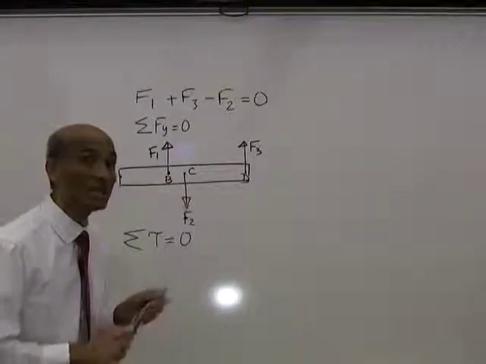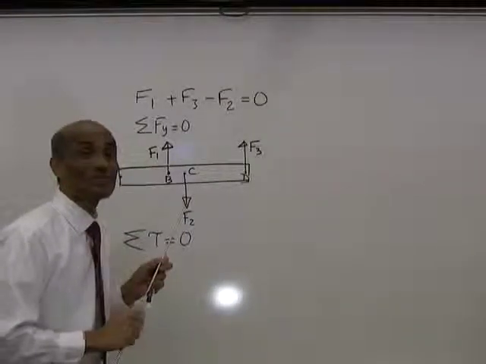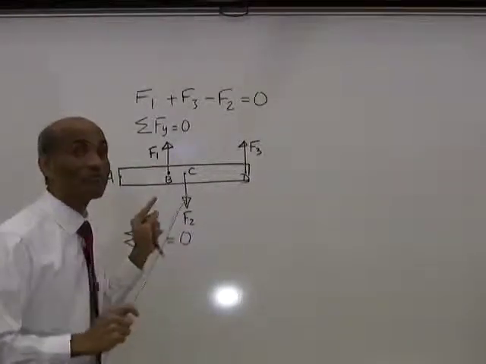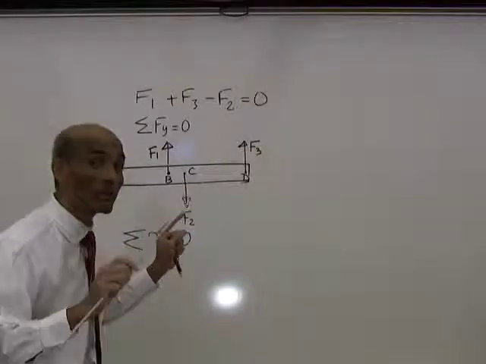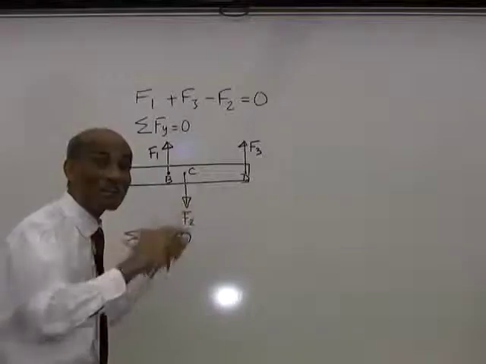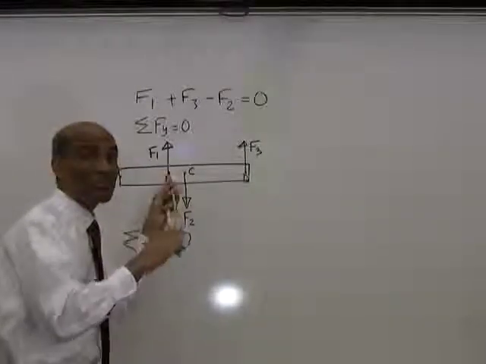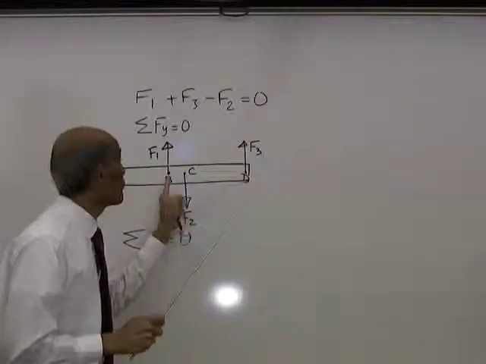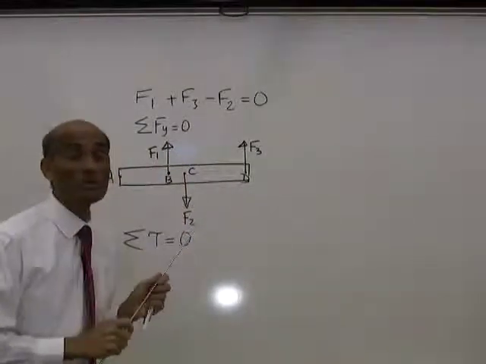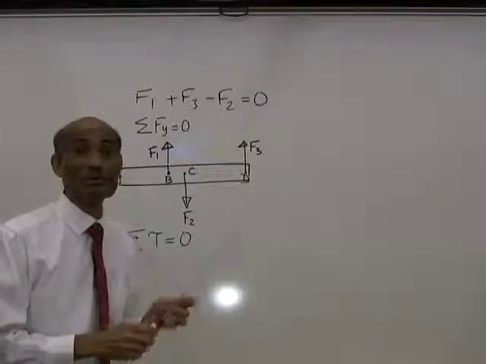Remember, torque is the torque arm multiplied by the force. And the torque arm is the perpendicular distance between the force and the axis of rotation. Now, you can see the axis passes through B, the force also passes through B. That means the torque arm there is 0.